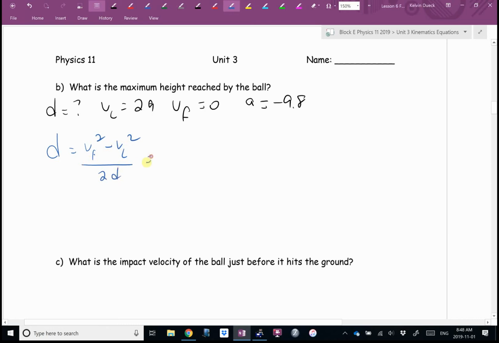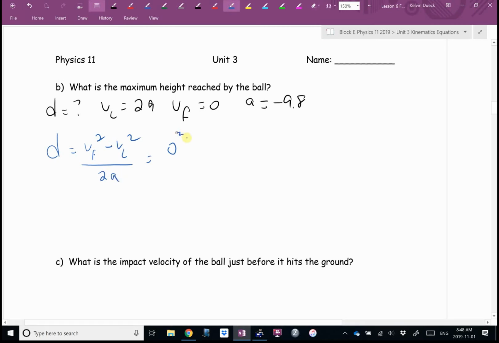You are correct, sir. I'm expecting a positive displacement. If I get a negative, I've got something wonky. Over 2A, not over 2D. Thank you. I got thrown off by my battery dying here.